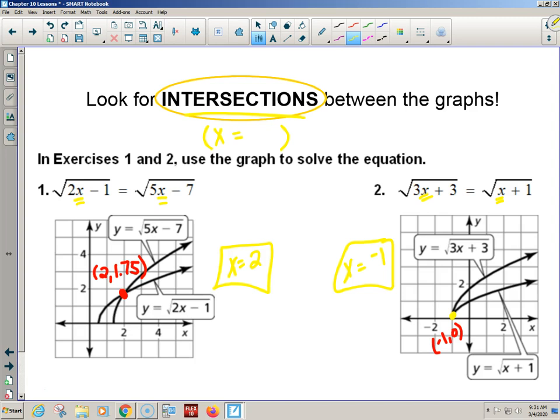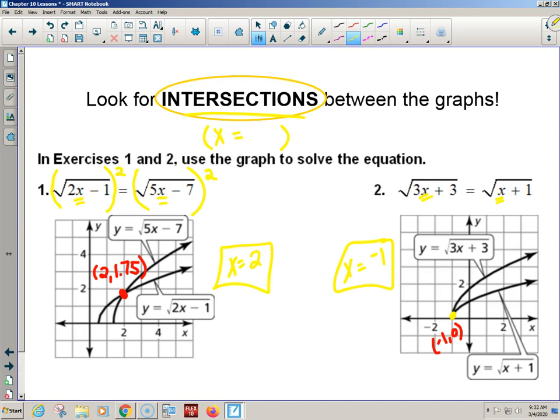Addition, subtraction, multiplication? No. How about this guy? Addition, subtraction, multiplication? No. The same way we can bring in a squared when the radical is alone on one side, we can bring in a squared when the radicals are alone on both sides.